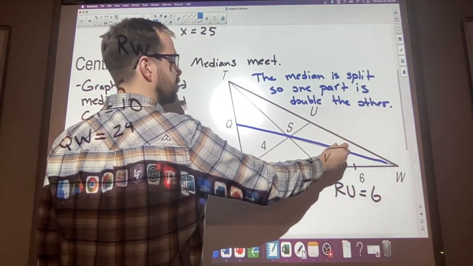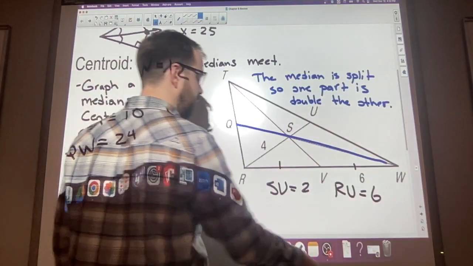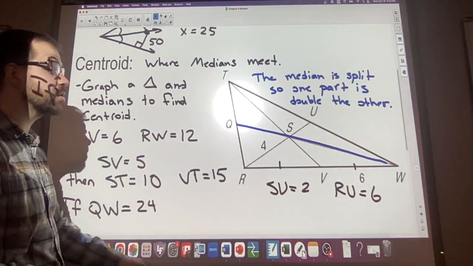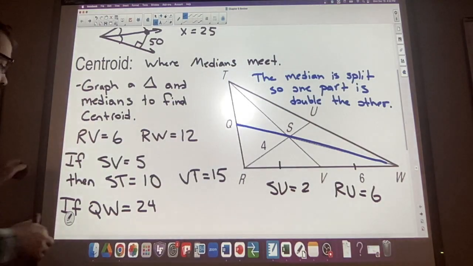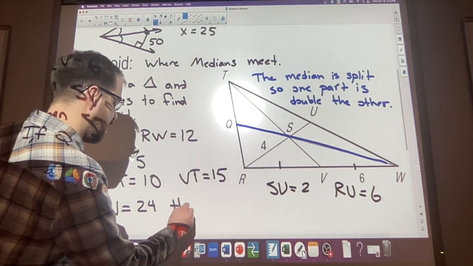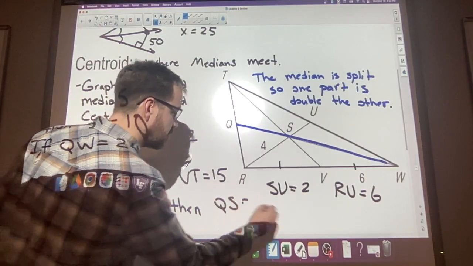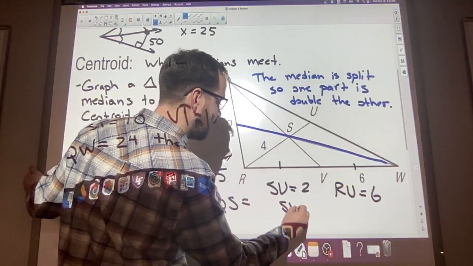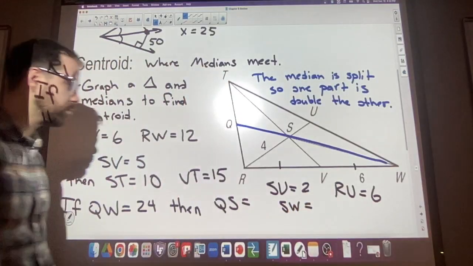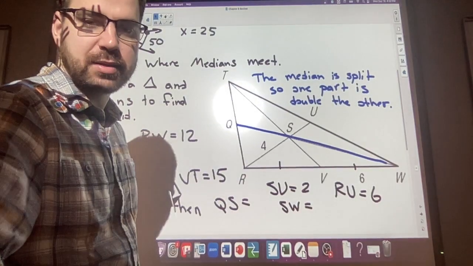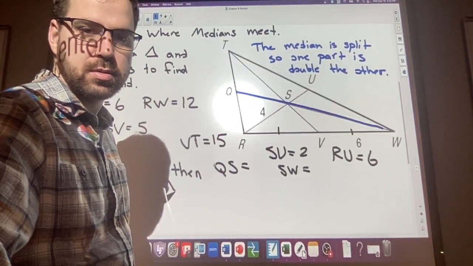If this is double this, what two numbers would give us 24? You can guess and check that, but there is a 2/3 rule you can use, or you can just cut it into thirds. Then what would QS equal, and what would SW equal? All right, so if you're stuck on one like this, split it into thirds.